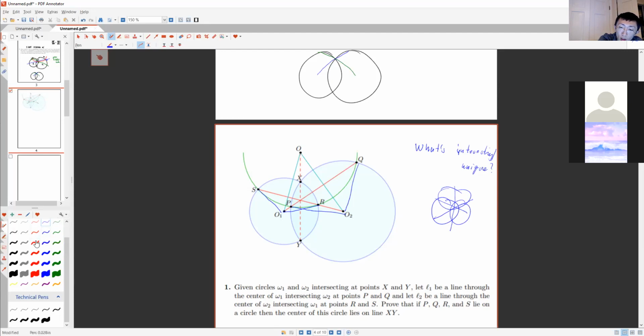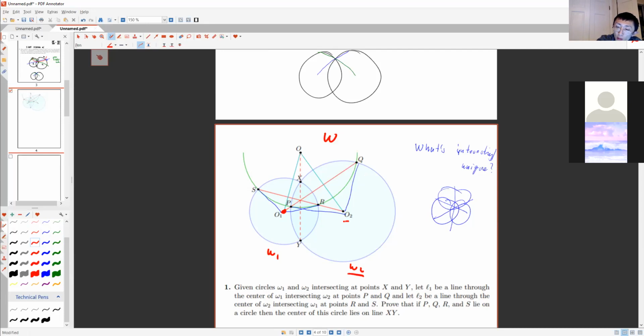We're told that O1, the center of omega 1, lies on the line through PQ, that's the radical axis of the green circle and the blue circle, omega 2, right? So O1 lies on the radical axis of omega and omega 2.